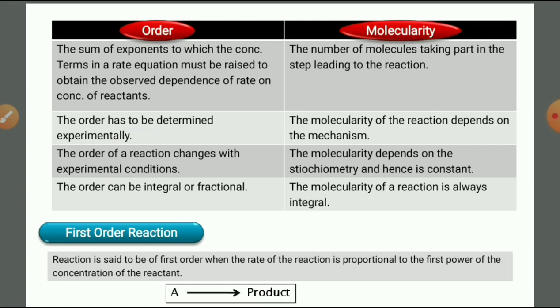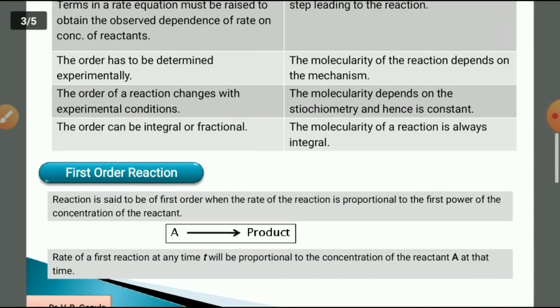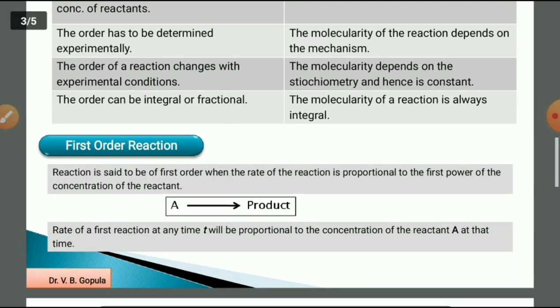Now let's see the first order reaction. A reaction is said to be first order when the rate of reaction is proportional to the first power of the concentration of the reactant.